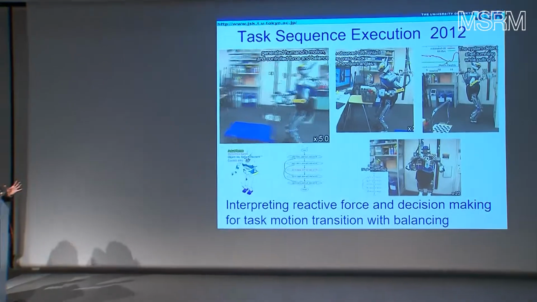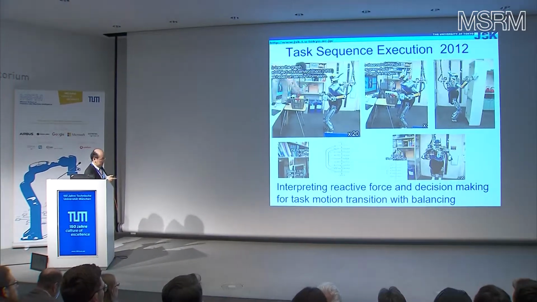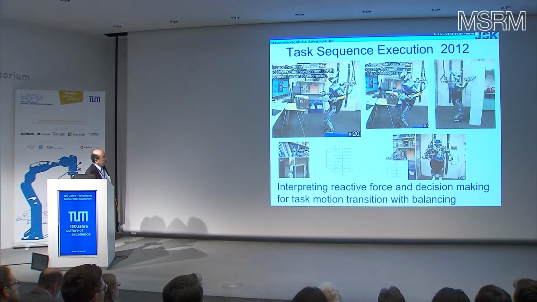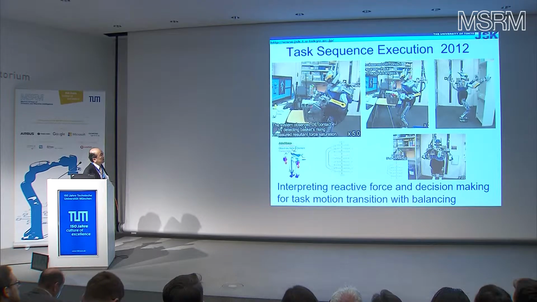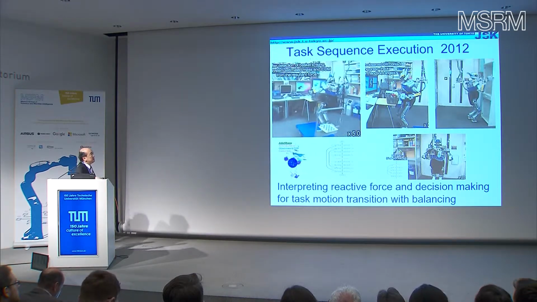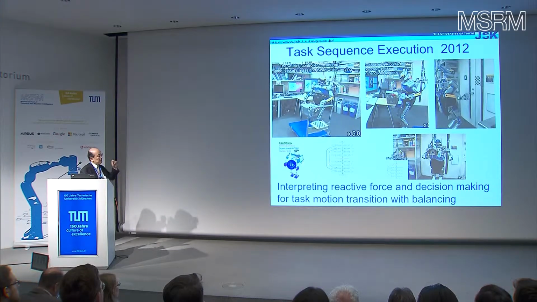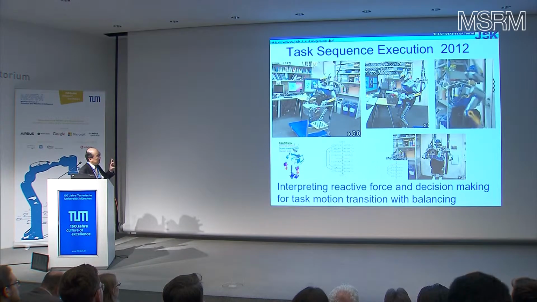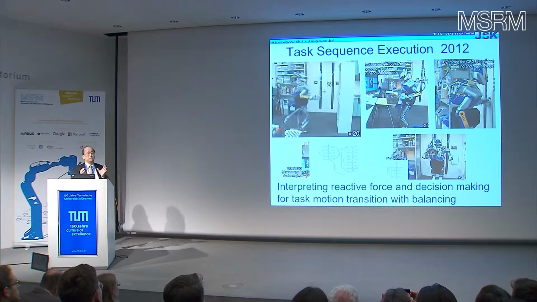Then in the doctor course, they had to show research papers. One PhD student worked on task sequence execution. In his demonstration, his system automatically generates a transition network during the motion.